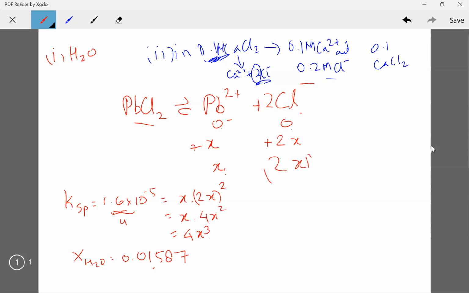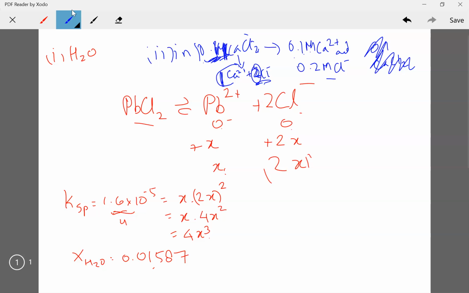Now part 2, in 0.1 molar calcium chloride. Now we know that this calcium chloride is going to split into 1 calcium ion and 2 chloride ions. So 0.1 moles per liter of calcium chloride is going to give me 0.1 moles per liter of calcium, because that's a 1:1 ratio, and 0.2 moles per liter chloride ion, because that's a 1:2 ratio.